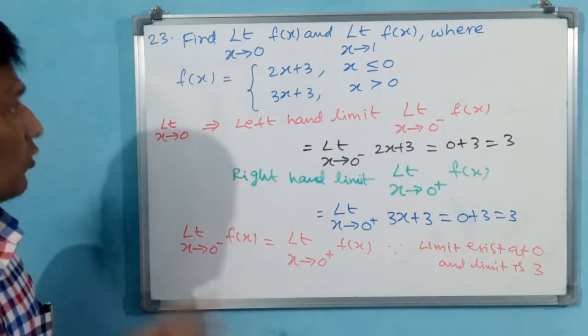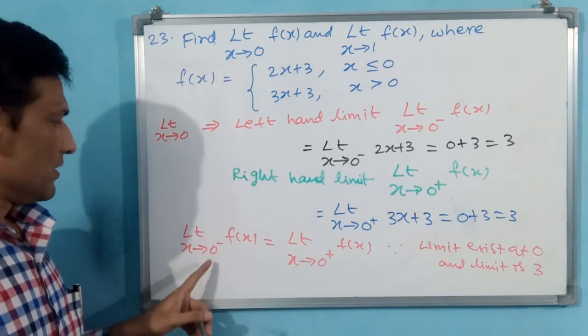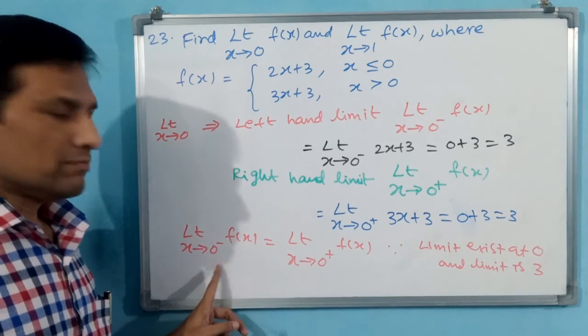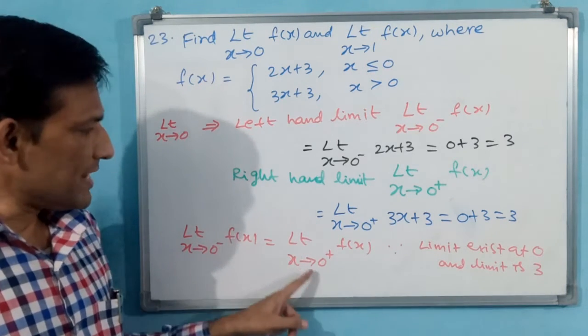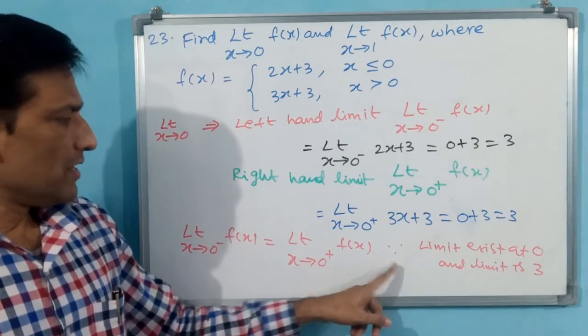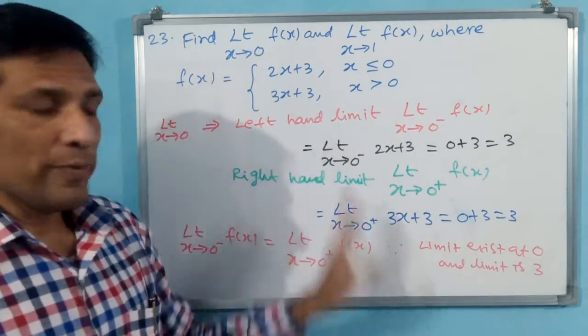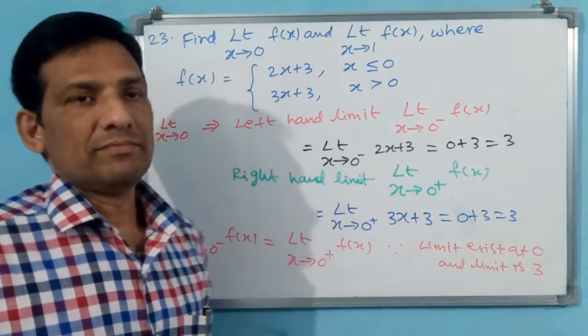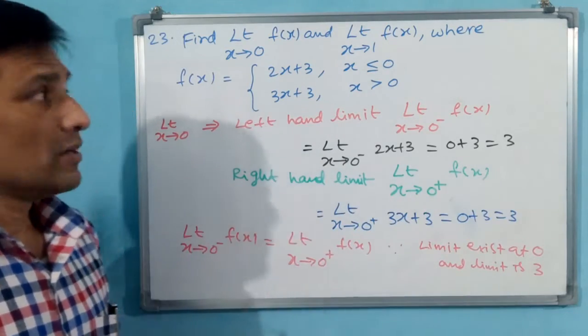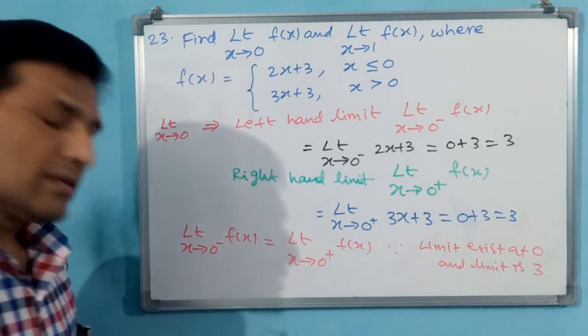Like that you can write and close 50% of this question. Left hand limit f of x is equal to right hand limit. Therefore, why? Because 3, 3 are equal. Therefore limit exists at 0 and the limit is 3. Okay, let us go for limit 1.